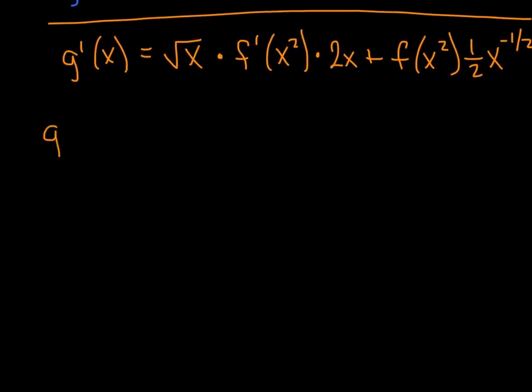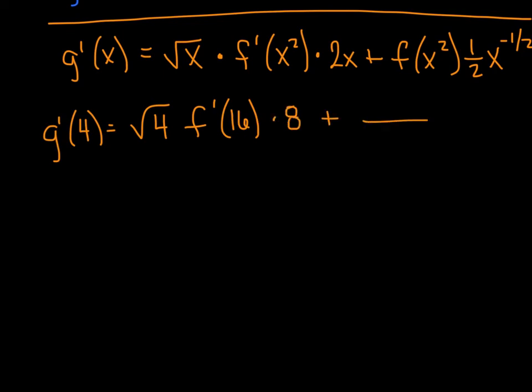So g prime of 4 is going to be radical 4 times the f prime of 16 times 8 plus, I'm going to rewrite this one as a fraction, f of 16 all over 2 radical 4. And let's see, we got a 2. The f prime of 16, I think they defined as 1/4.